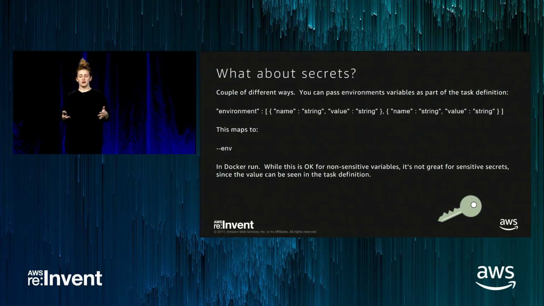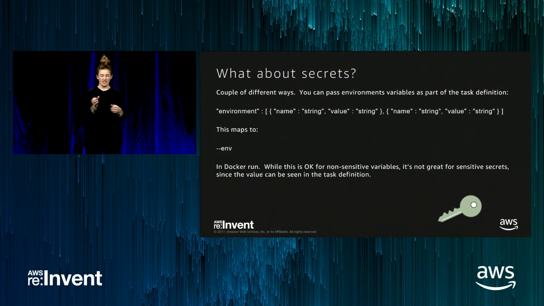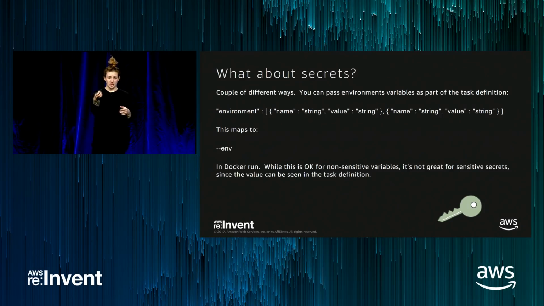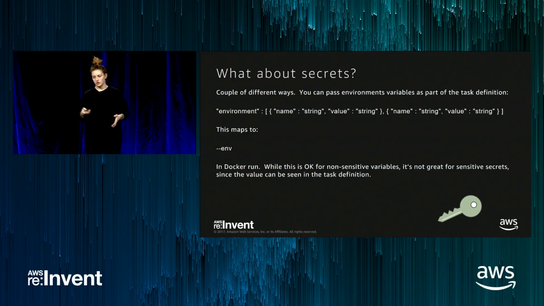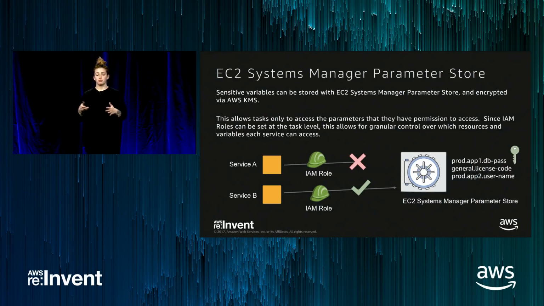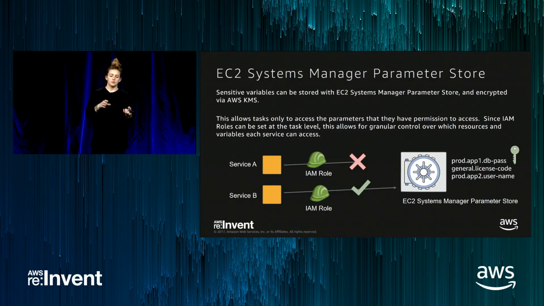What that's great for is something like passing an environment, so production or staging, and then looking up that value in an actual secret key store somewhere else. So an example might be Parameter Store. I can control, based on IAM roles, the tasks that can access which permission.